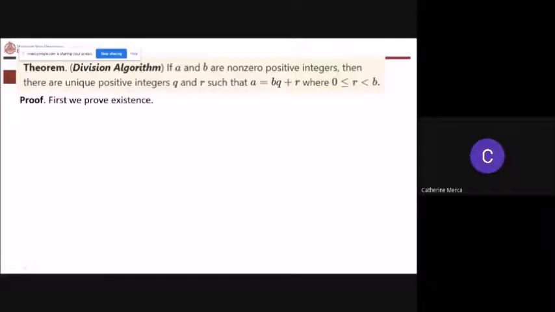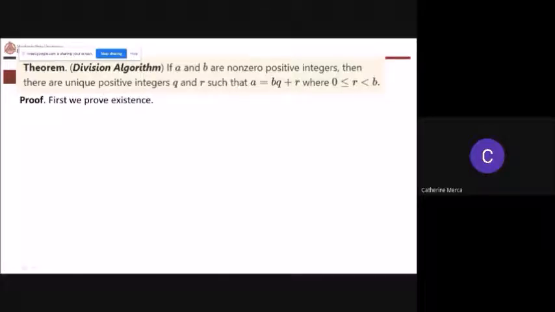How do we come up with the proof? How do we prove that this theorem is true? So we should show that that quantity actually exists. So, prove existence.